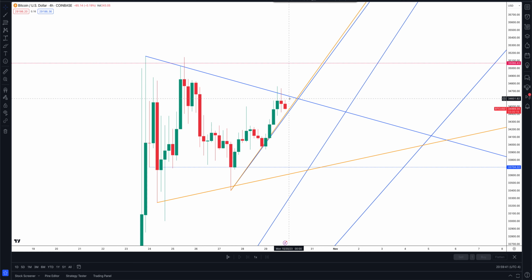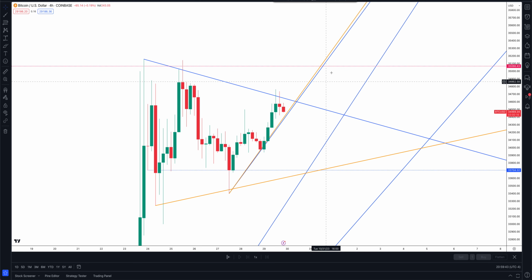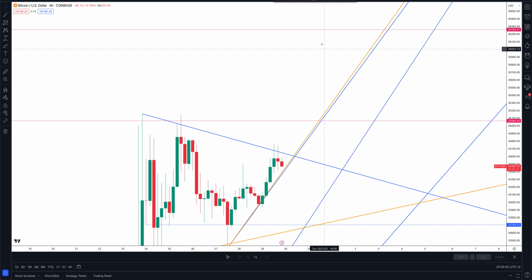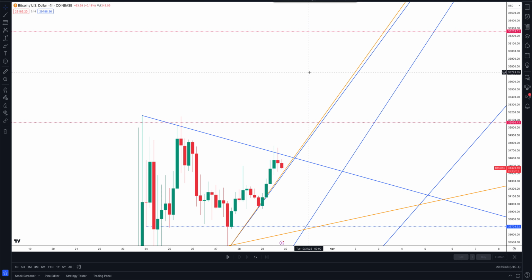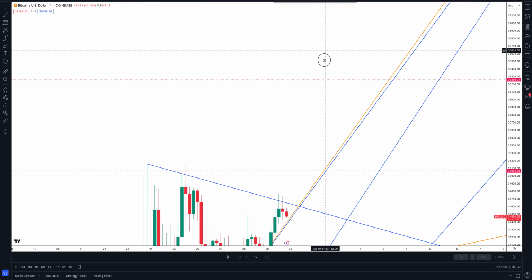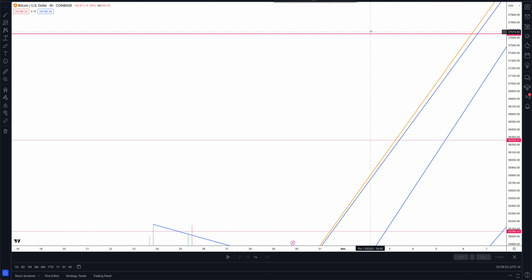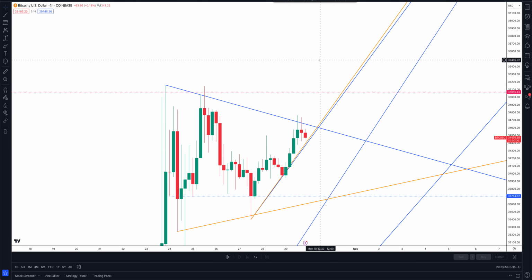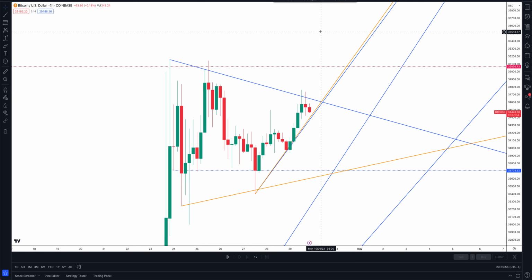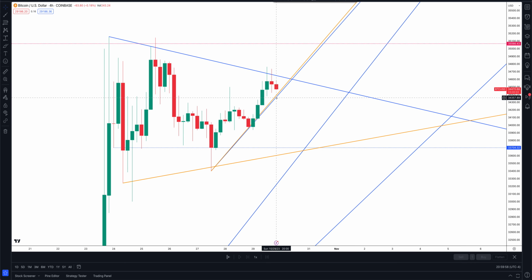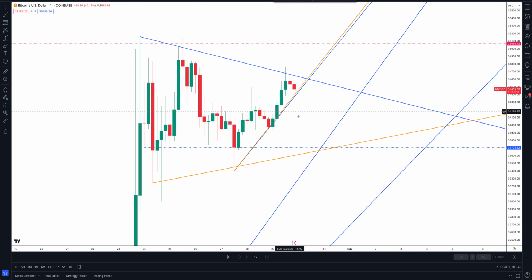I think it needs more time before it breaks out of here. I think it just needs a little bit of accumulation before it can ignite even further up to here, or even up to this untested level. So yeah, not much change. As you can see, we only made a few adjustments to Bitcoin. So that's generally it.